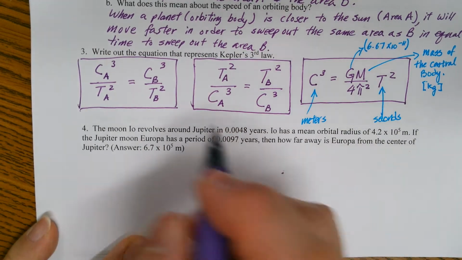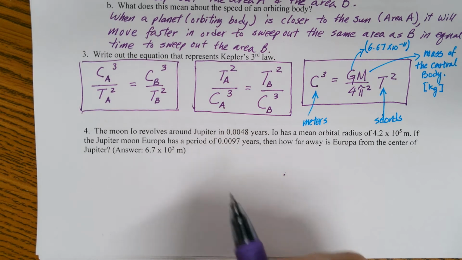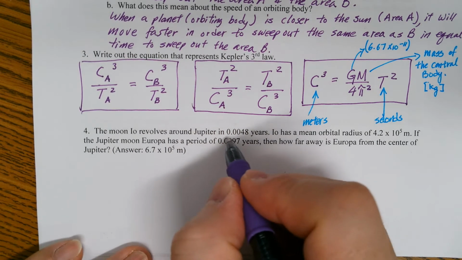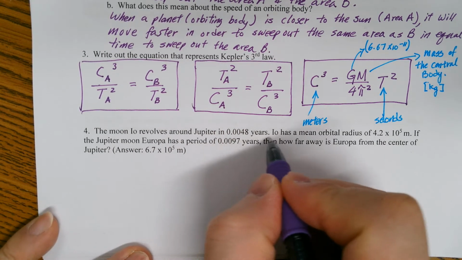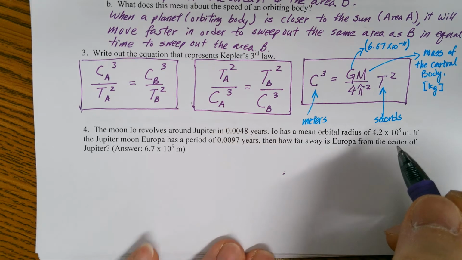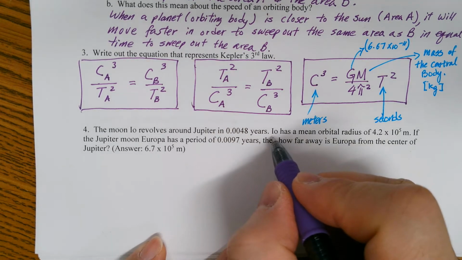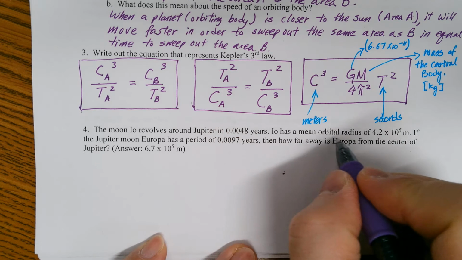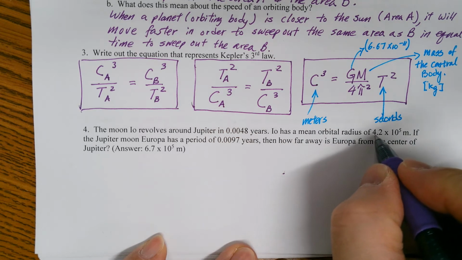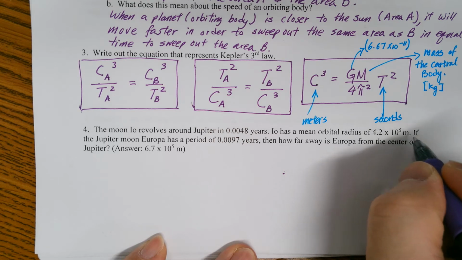The moon Io revolves around Jupiter, right? Its period is 0.048 Earth years. Io has a mean orbital radius of 4.2 times 10 to the 5th meters.